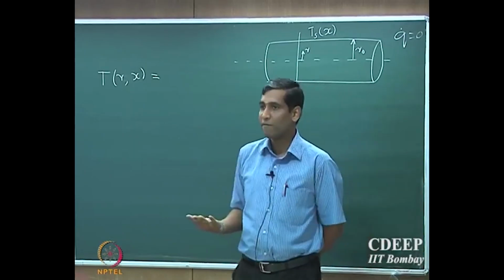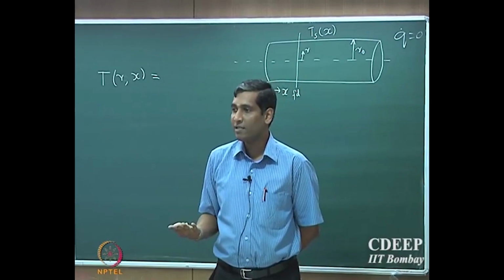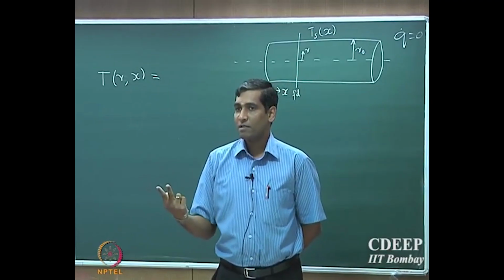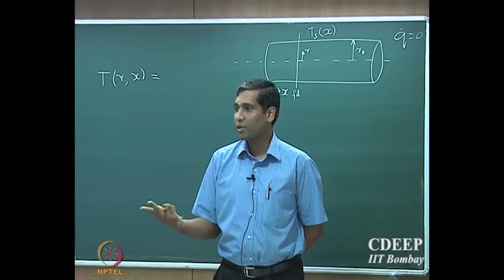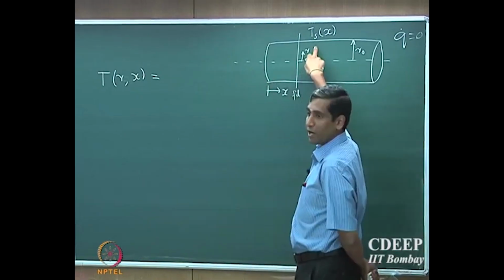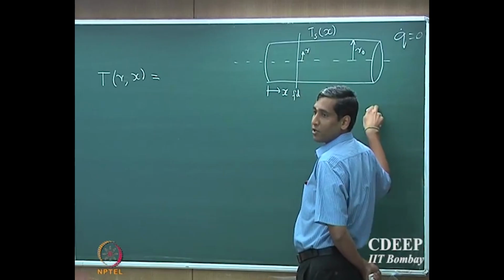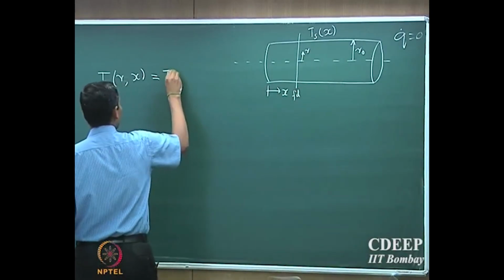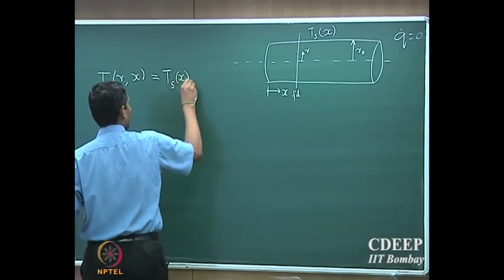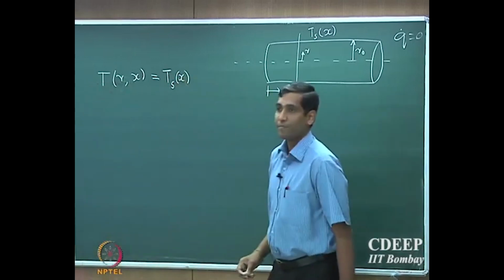So by separation of variables you should be able to get two functions. It will be a product of two functions. One will be a function of the radial direction, one will be a function of the axial direction. Okay. So therefore the general form of the solution will be Ts of x.